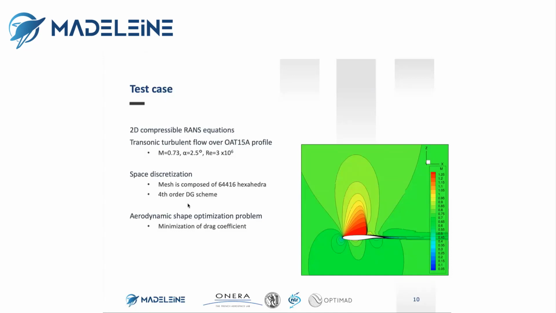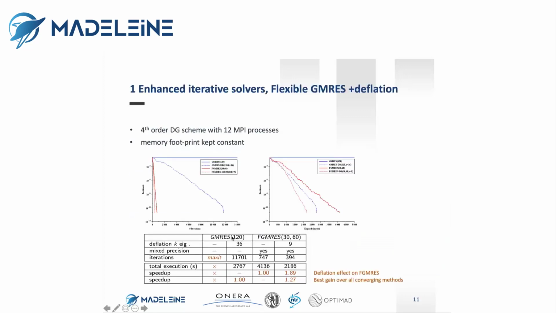It is a scheme that looks a little bit more towards the future. This is a very accurate scheme with little artificial viscosity. And these schemes are also used, for example, in aeroacoustic computations. The functional is related to the minimization of the drag coefficient.